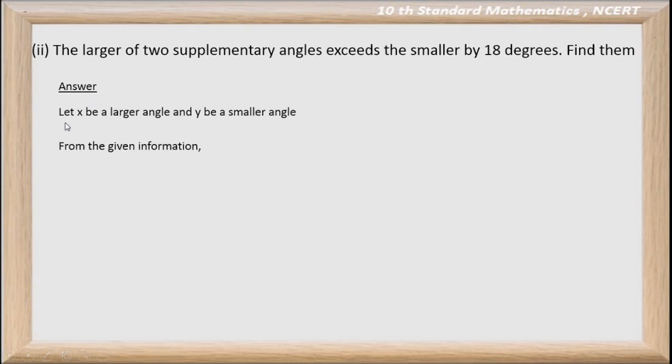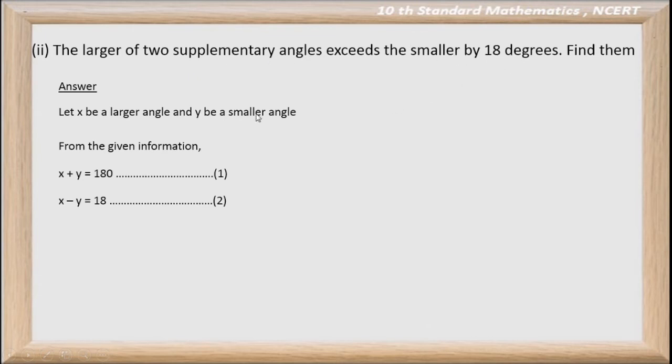180. So let x be the larger angle and y be the smaller angle. The sum of supplementary angles is 180. And the next statement, the larger of two supplementary angles exceeds the smaller by 18.